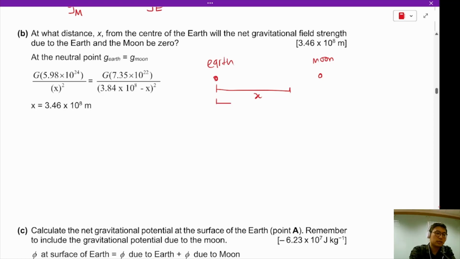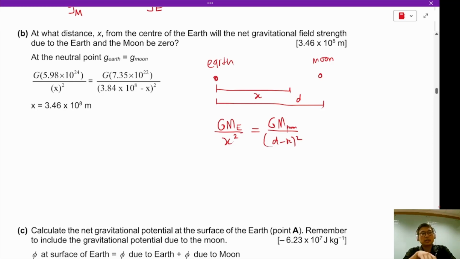This is the total distance, d. So what will happen is that GM of the Earth over x squared will be equal to GM of the Moon divided by (d minus x) squared. The hard part is just putting all the numbers inside and using the calculator.